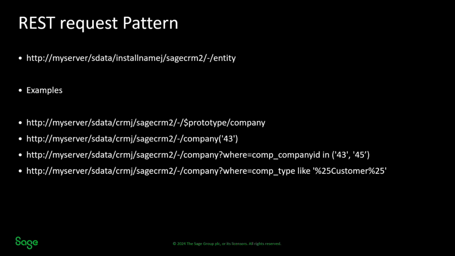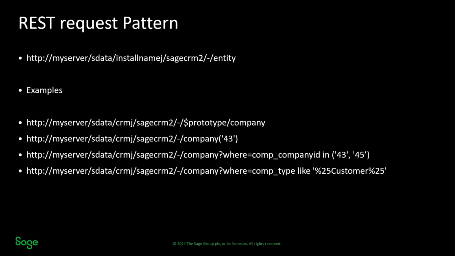The company ID range is equally good, but we can also start to say where, and here's my example where I'm choosing to say where the comp_type is like customer. Now you'll notice in this particular case, I'm using a like and I'm using a wildcard, but notice that here I've had to encode it.